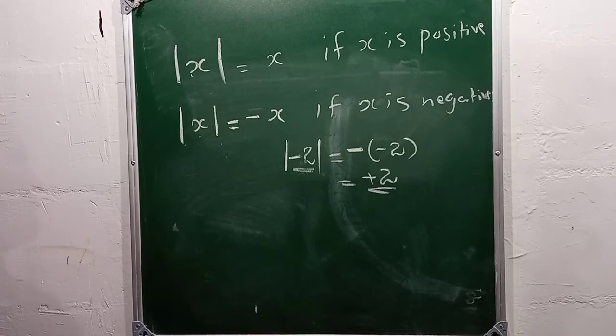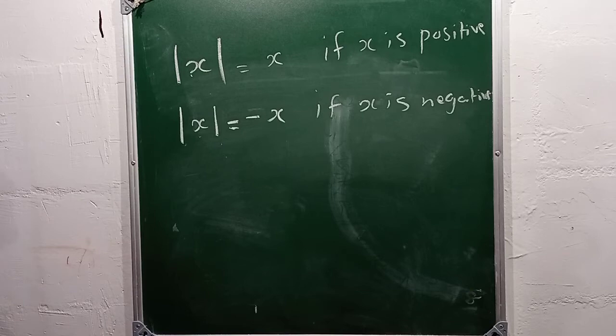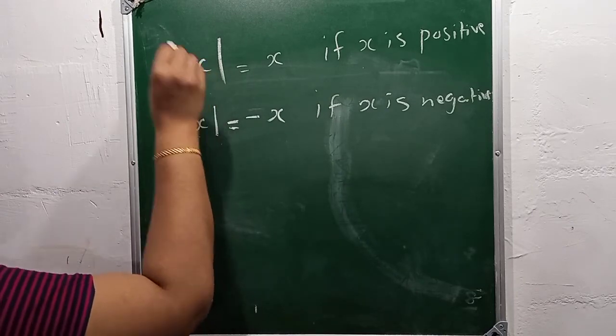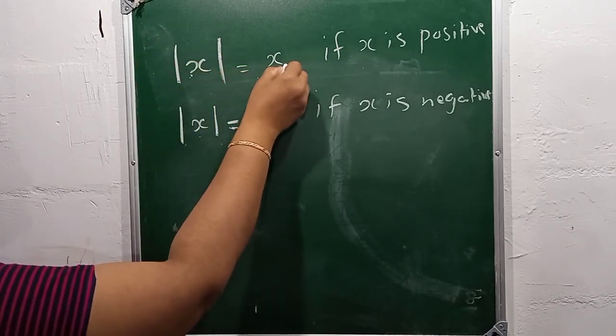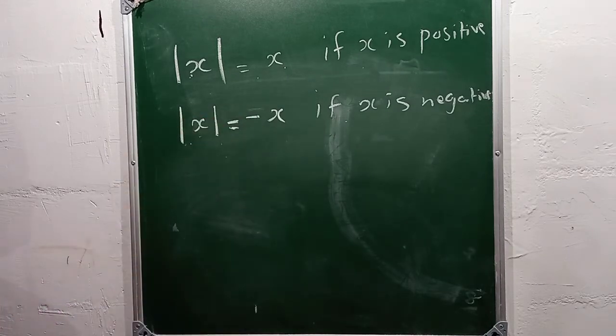So modulus of x is equal to -x if x is negative. That is, if x is positive, we know that absolute value of x is x, and if x is negative, absolute value of x is equal to -x. Positive, negative, two cases we discussed. Then one more case is, besides positive and negative, which is the other number? Yes, 0.